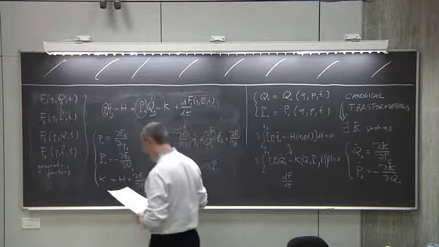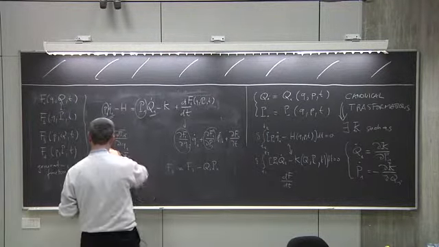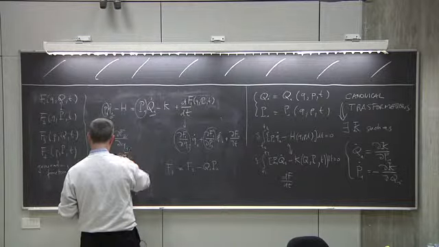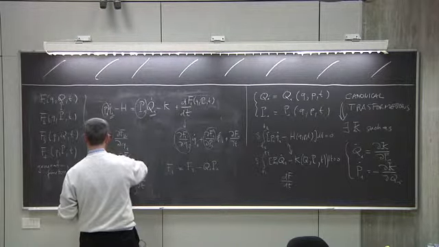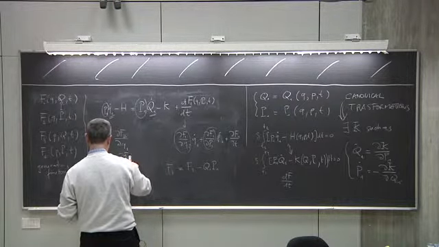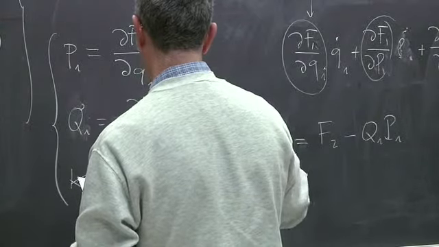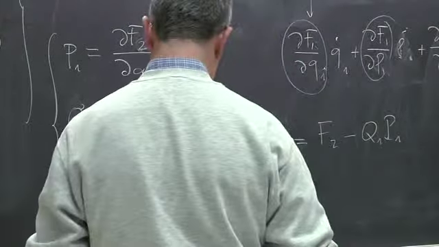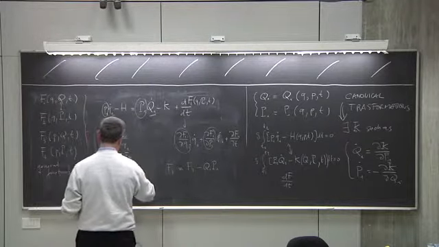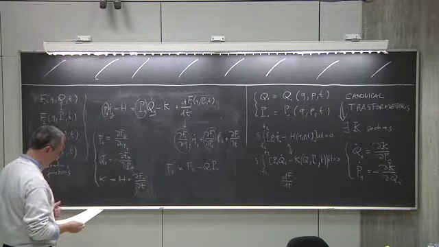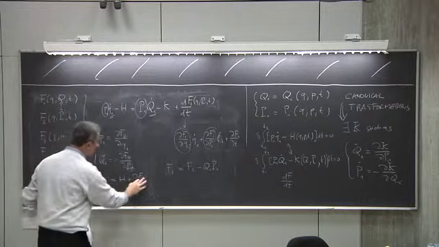And the new equations, let me write them for you: pi is equal to the derivative of f2 with respect to qi, and now you don't have the big Pi, you have the big Qi that is equal to plus the derivative of f2 with respect to big Pi, and this is still true.